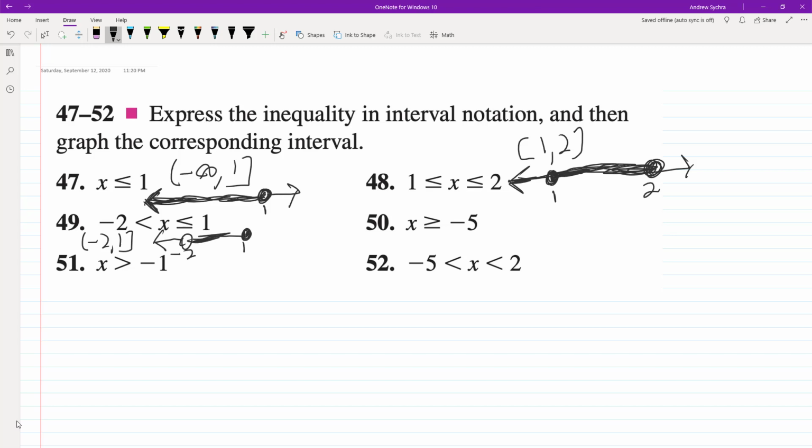And this is filled in here. All right, so greater than or equal to -5.